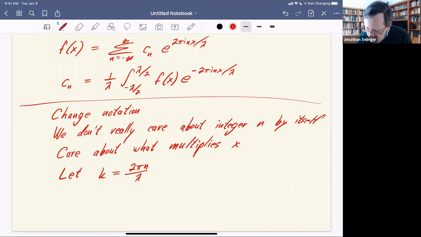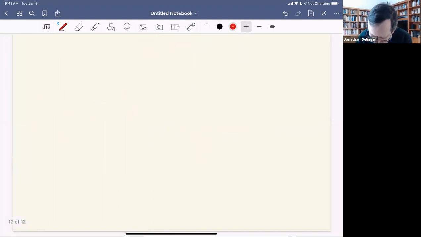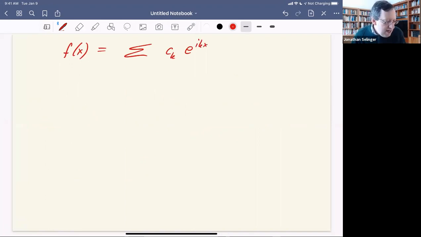So that means f of x is a sum of c sub k times e to the i kx, and the allowed values of k in this sum are 2 pi over lambda times an integer.